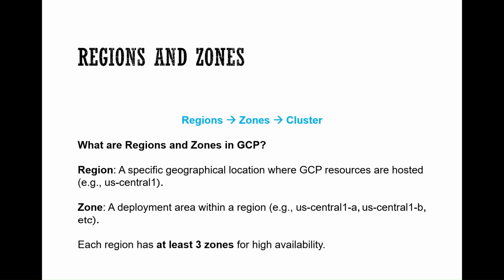Generally there are at least 3 zones available, and maybe in future it could increase, but for now for any specific region there are 3 zones available. So when we talk about a region, it's like a country.